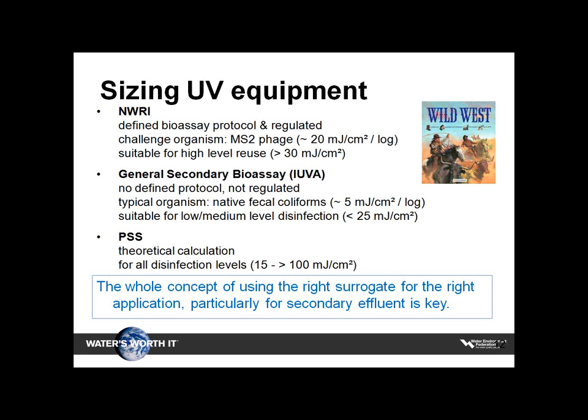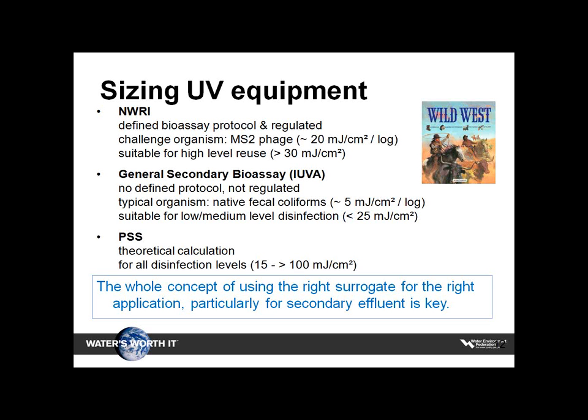Under the general bioassay, we might use a different organism called T1 or Q beta. The whole key, what's in blue, is that we want to use the right surrogate for the right application, matching the surrogate with what is needed for the compliance organism.